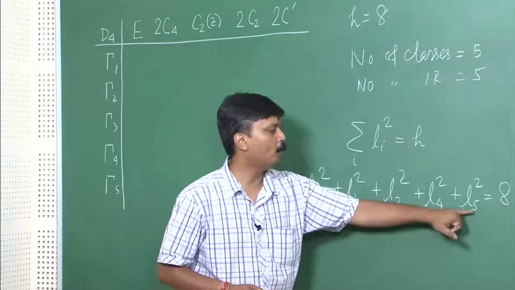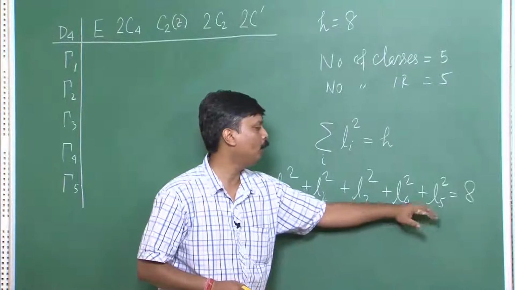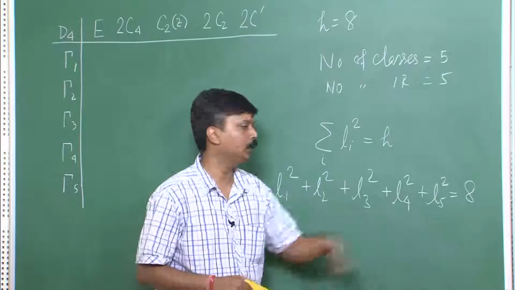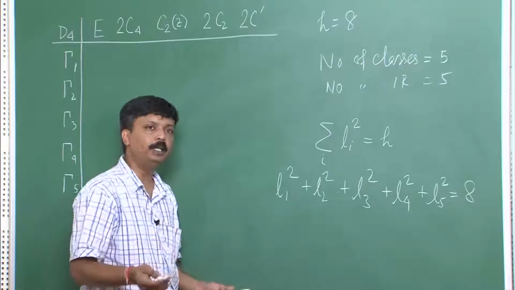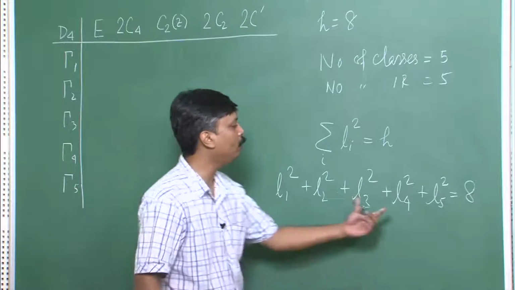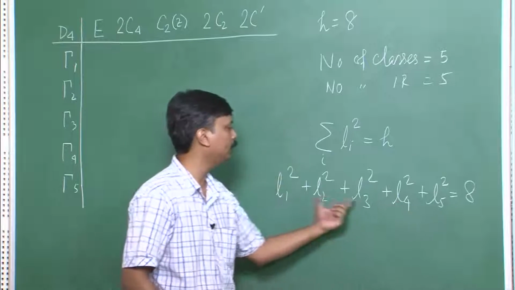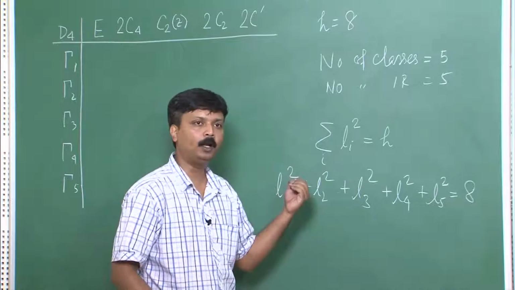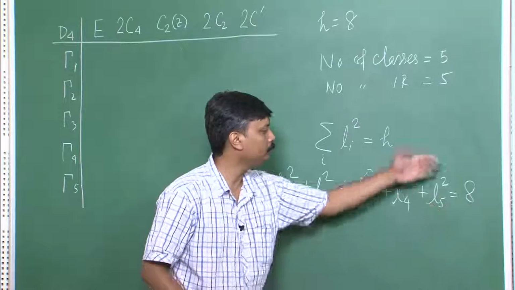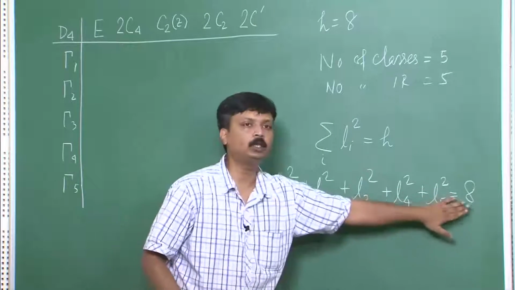In case I make one of them 2, then I have 4 plus 4 equals 8, and that seems to be the unique solution, because if I make 2 of them 2, then already I have got a total of 8, and the rest of them will be minimum 1, so the total sum will cross 8.